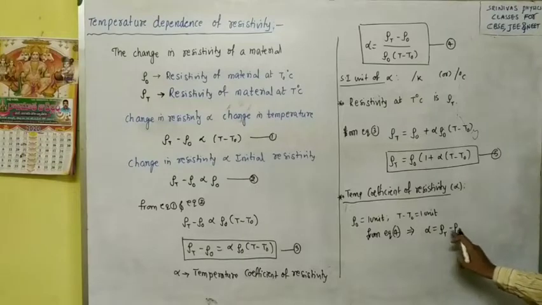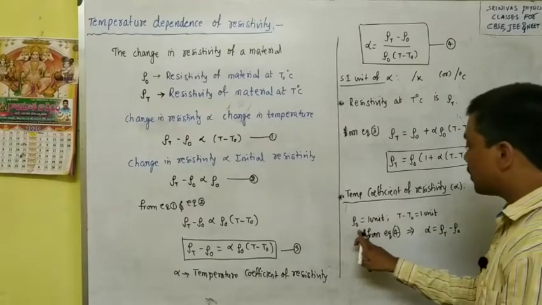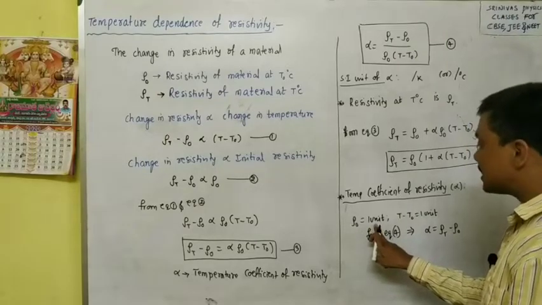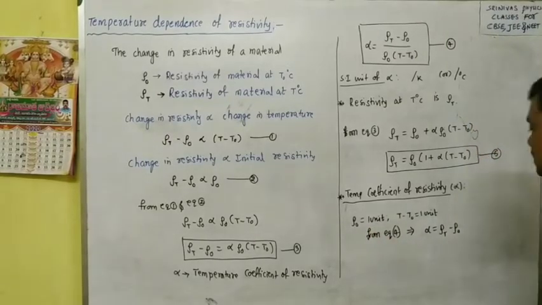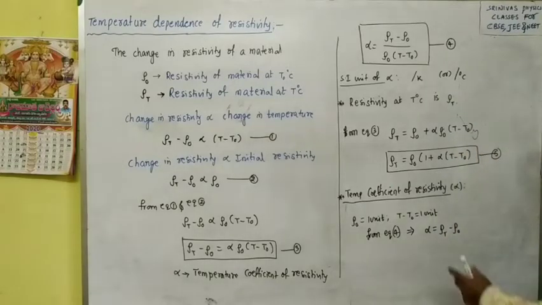The change in resistivity per unit change in temperature and per unit initial resistivity is called alpha, the temperature coefficient of resistivity.